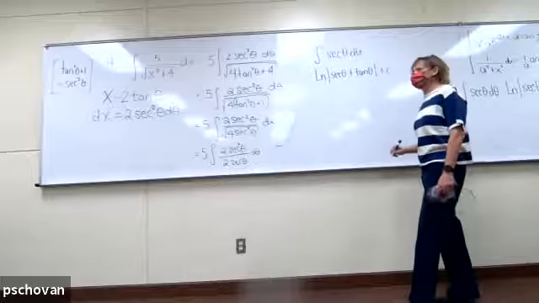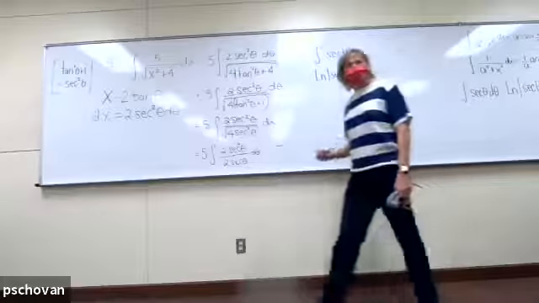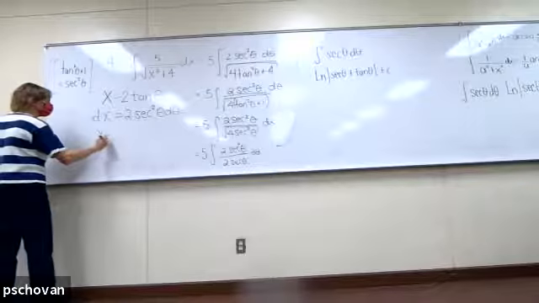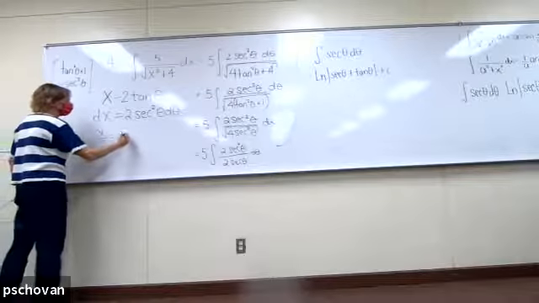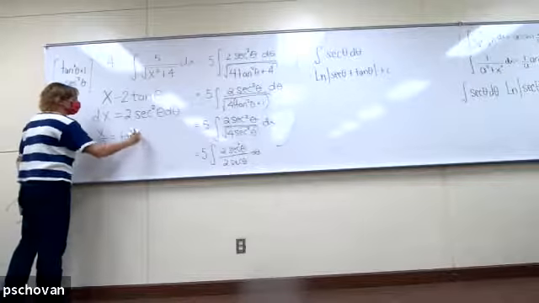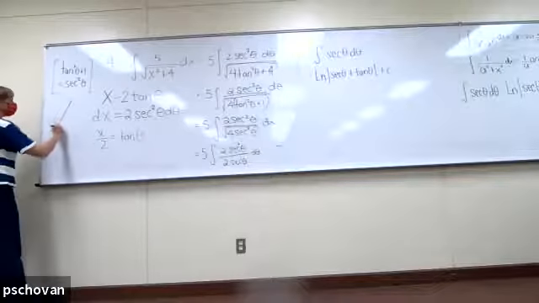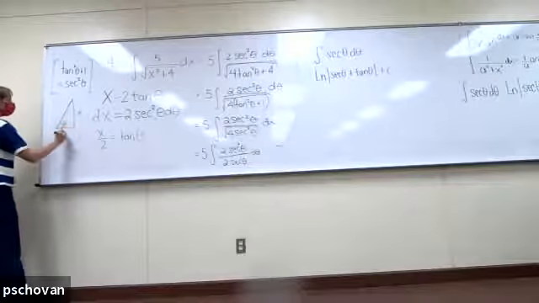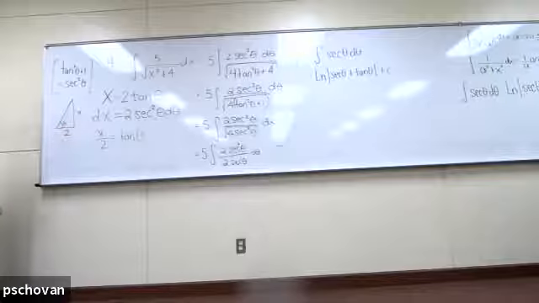So we've got to go back and get this in terms of x. So we move back over here and write that the tangent of theta is x over 2, so we can figure out the secant of theta. Tangent is opposite over adjacent.